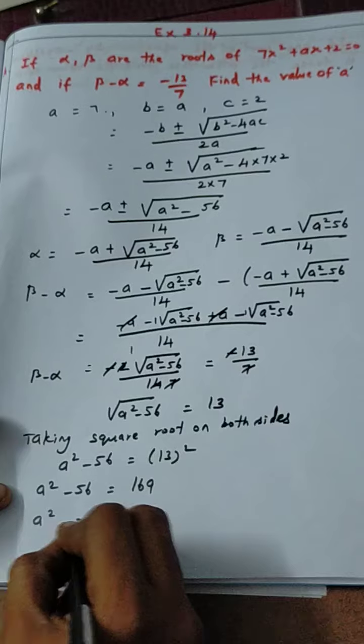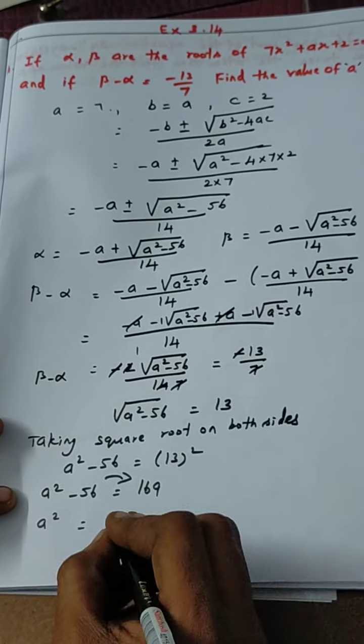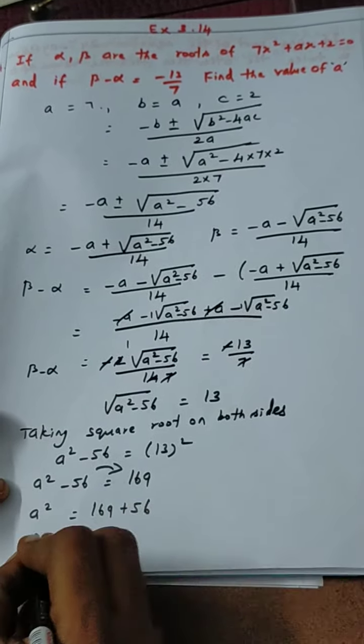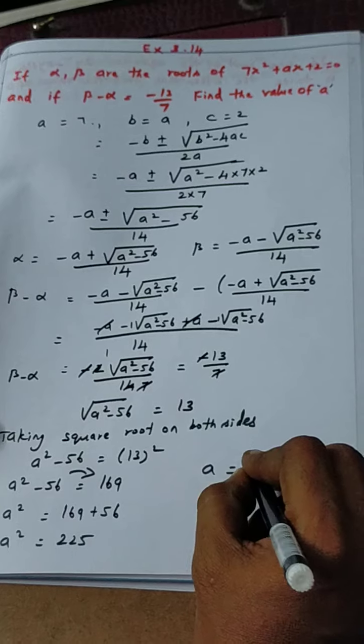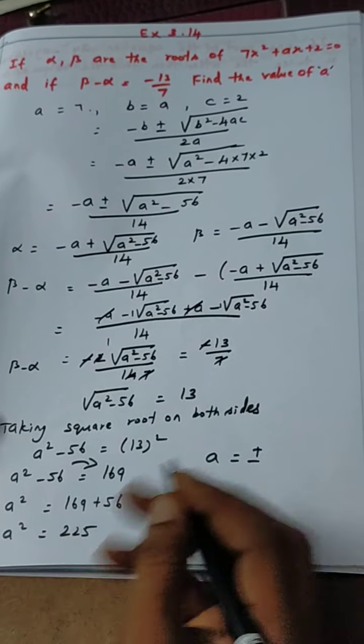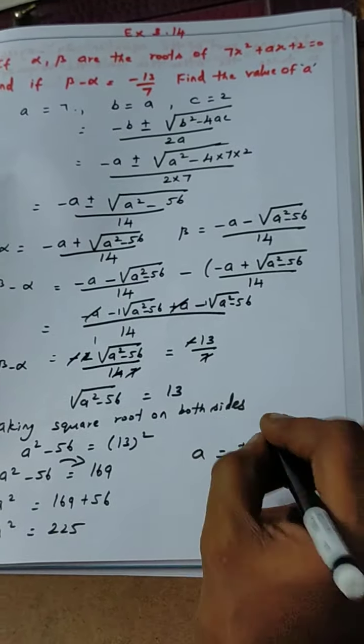Therefore a square equals 169 plus 56, taking 56 to the right-hand side. So a square equals 225. Therefore a equals plus or minus, since a square number has two answers. The square root of 225 is 15, because 15 times 15 is 225. So a equals plus or minus 15.